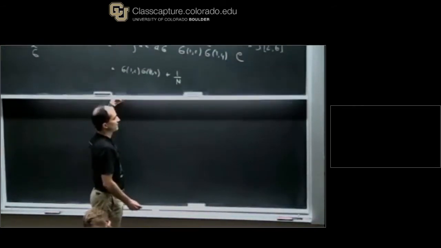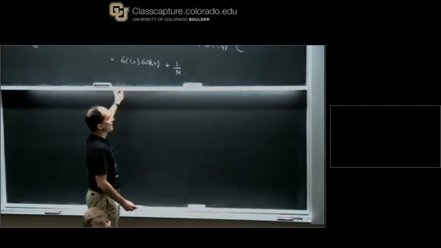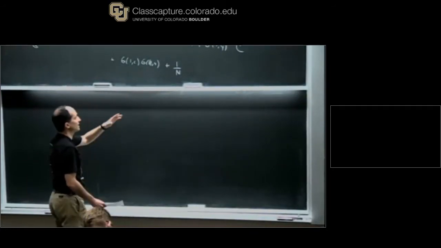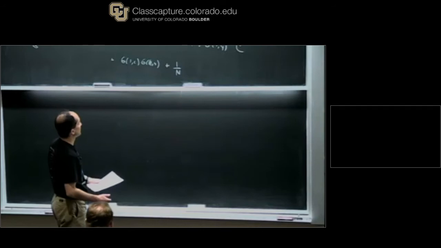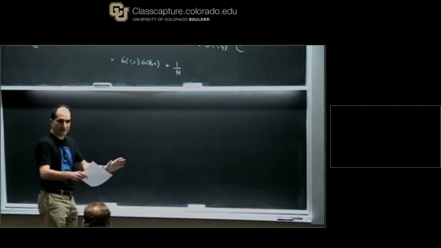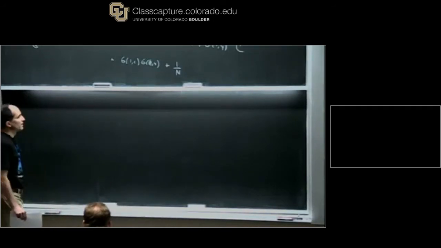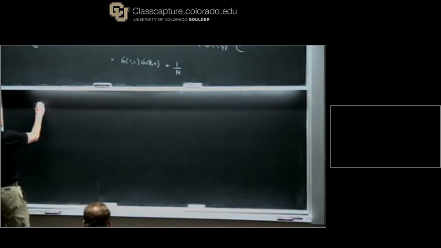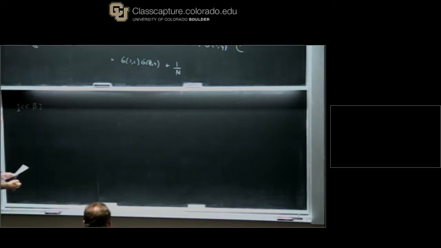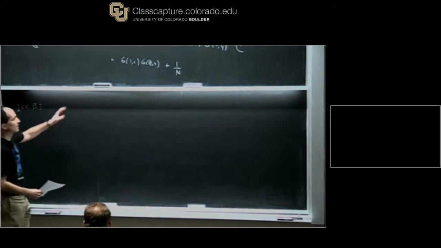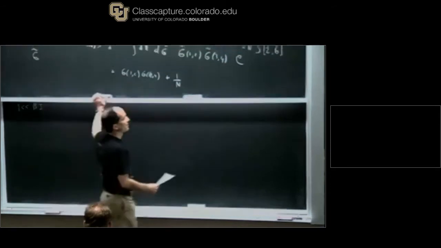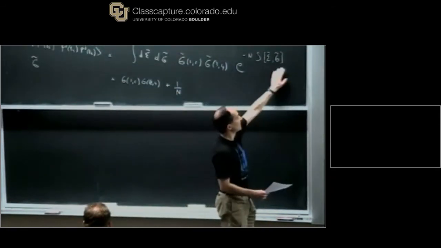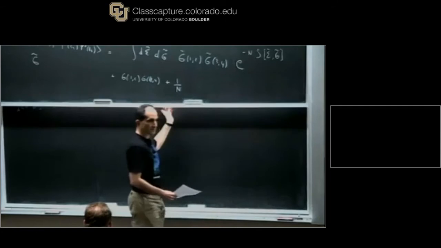This can be done for any value of beta J, so for any value of the temperature. But now we are going to start discussing some aspects when beta J is much bigger than 1. In this regime, we have seen that this action has some almost zero modes.